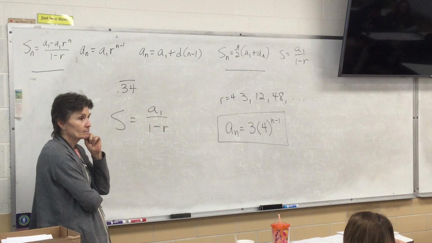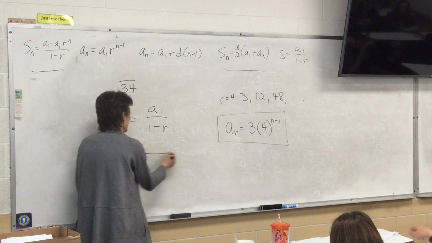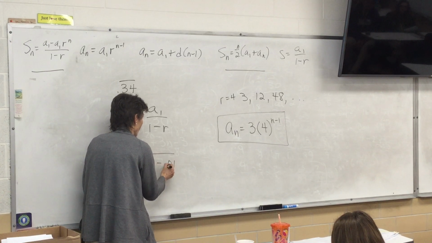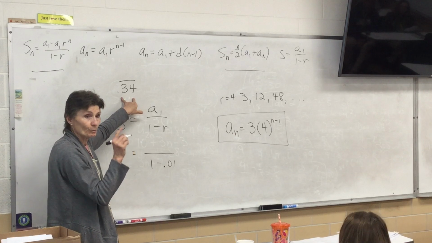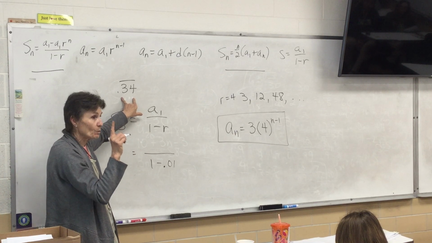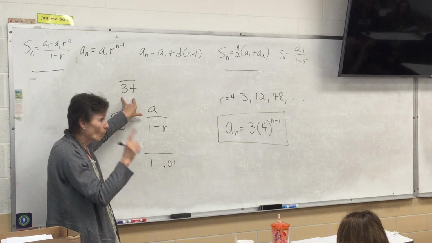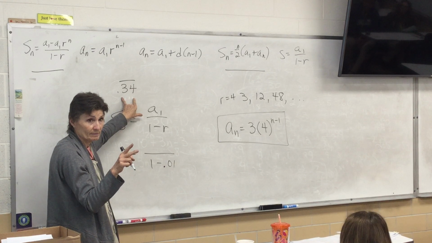Either one. R is 0.01. How do we know that R is 0.01? What's the key? 2 repeating places. If there's only one repeating number, it's 0.1, but when there's 2, it's 0.01.